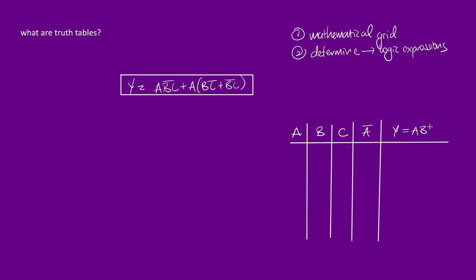Y is equal to A not B C, etc. So this is the structure of truth tables. They're not really complex. They are tools that help us to determine, for combinational circuits and for sequential circuits, what is the outcome? What is the resulting output of this binary expression? So that's what truth tables are, and we're going to be using those in this series.